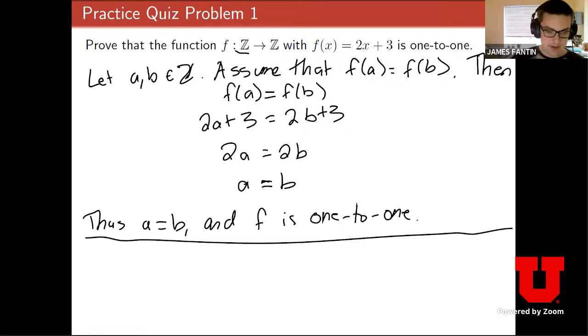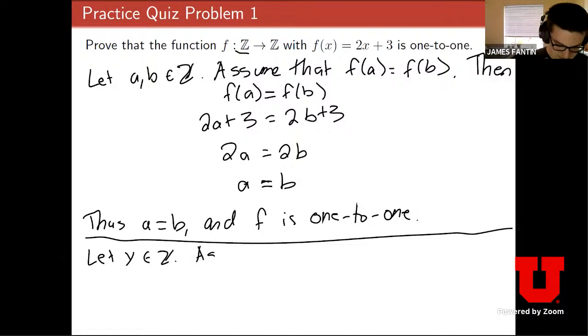So to prove something's onto, we just have to show that every element in the codomain is mapped onto by some element from the domain. So let's let y be an element of Z. And then we want to find some x.